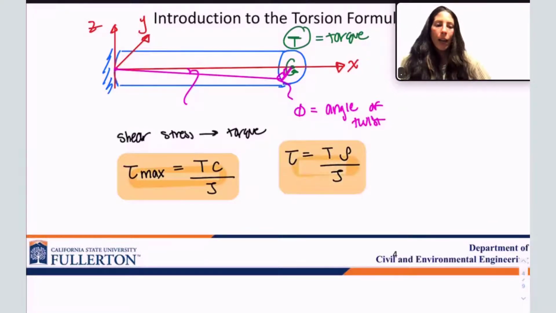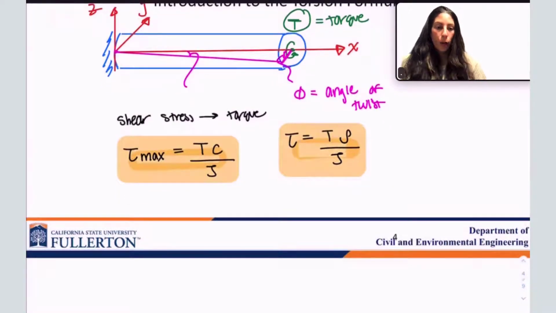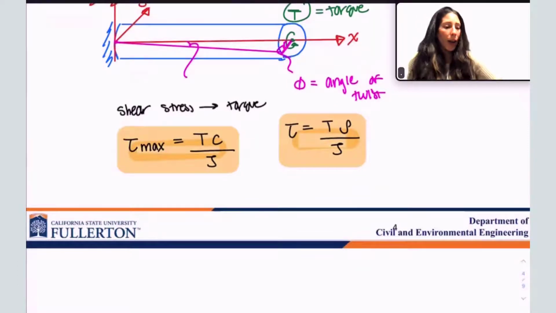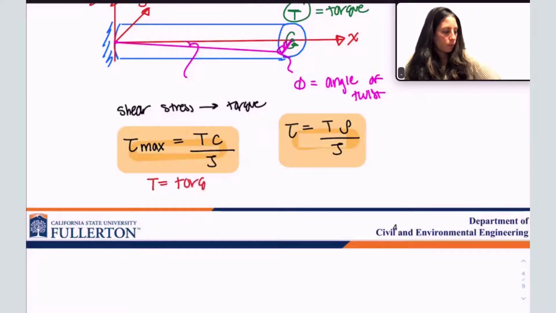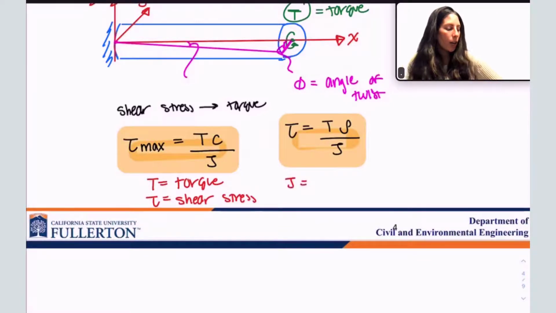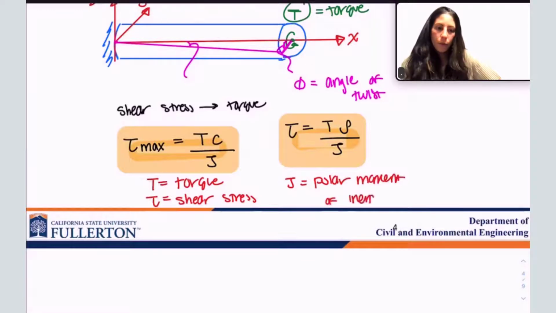Okay, and let's go ahead and define what these values are. I'm going to start with T. That is equal to my torque, right? Tau is the shear stress. What is J? Remember, J is our polar moment of inertia.